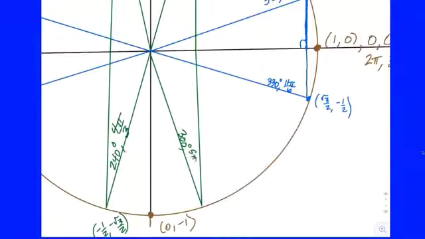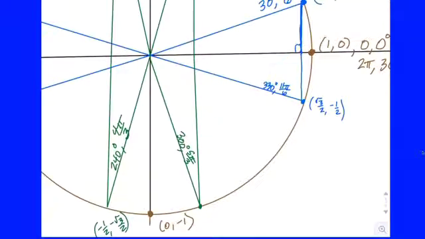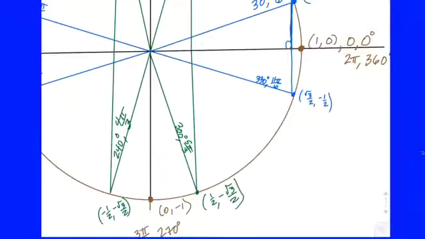So that's 5 pi thirds. And now we're in quadrant 4. We're right and down, so it's positive a half, negative square root of 3 halves. So what is cosine of 5 pi thirds? 1/2. What's sine of 5 pi thirds? Negative square root of 3 halves. Good.